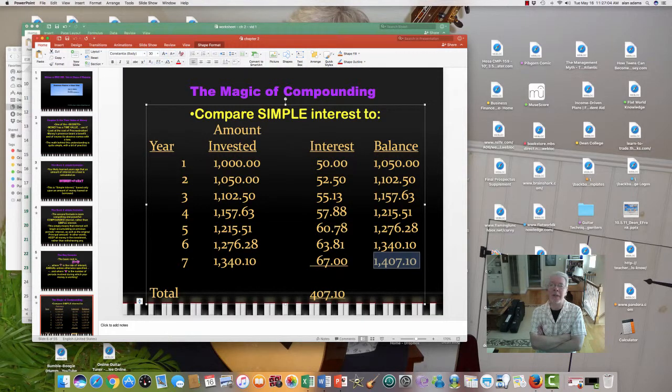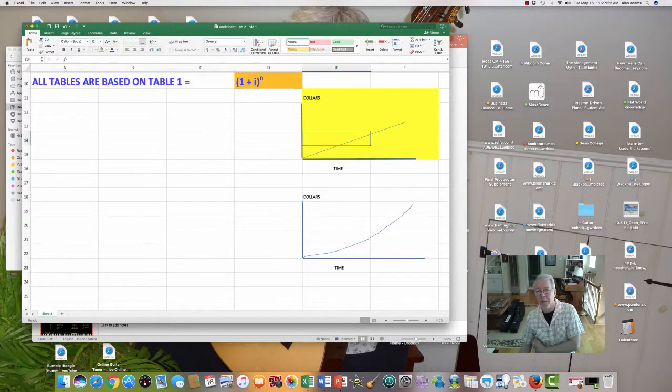No, because I left my interest in there. My interest is earning interest. Now it's worth more. The magic of compounding has turned that. It's not linear. No, it's exponential. It's curvilinear. It's now worth $1,407. By leaving the interest in there, I have not done this. By leaving it in there, I'm starting to do that.